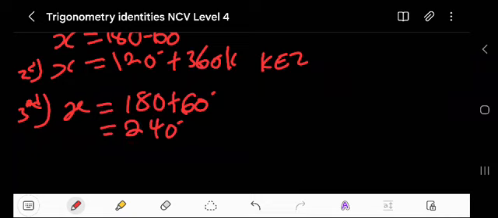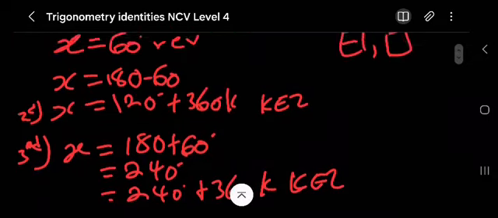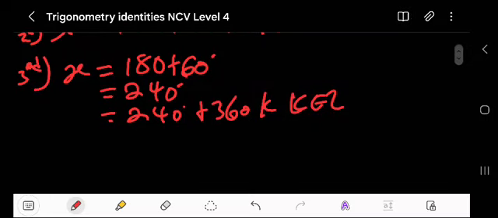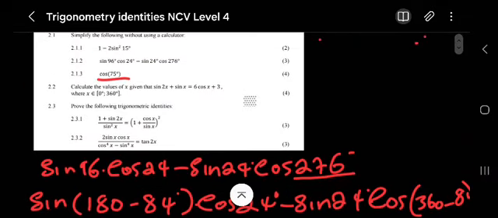Then I can say, for argument's sake, 240 degrees plus 360k, k is an element of integers. I want to find the values of x here. Remember, they want the values of x, where x is an element from -360 to 360.